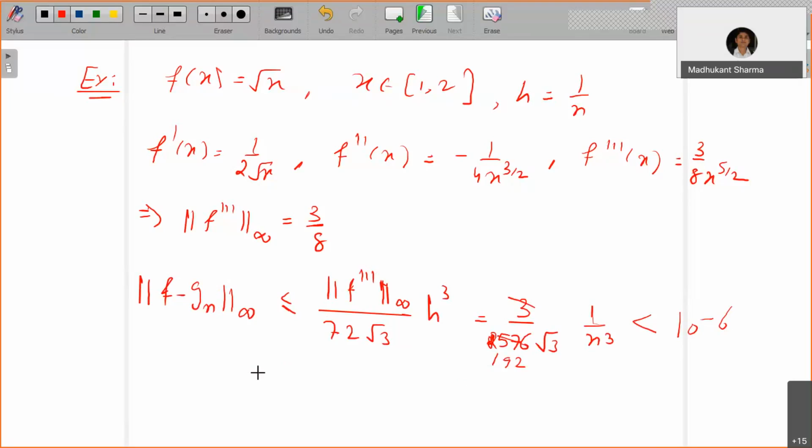So this implies 1 by 192 root 3 times n cube must be less than 10 to the power minus 6. So n cube must be greater than 10 to the power 6 by 192 root 3. So here n equals 20 will work.